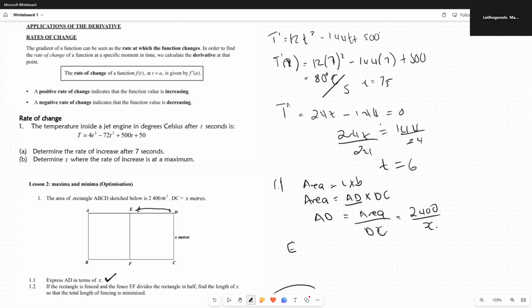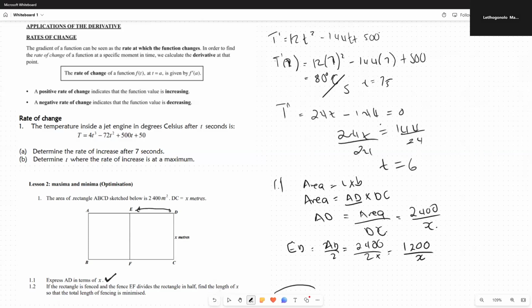So then ED would be half of AD, so we get half of 2,400 over x. That gives us 1,200 over x.